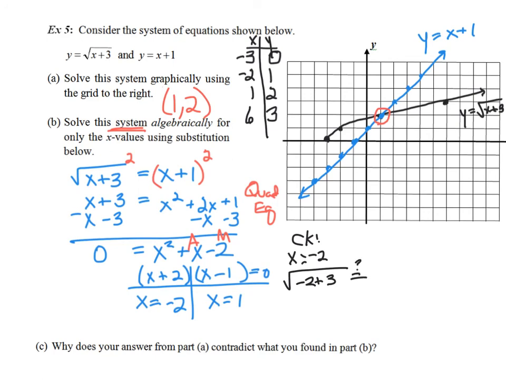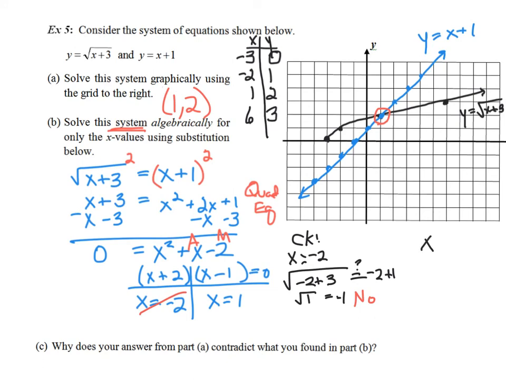Does that equal negative 2 plus 1? That's going to be the square root of 1 equals negative 1, and that is not true. So I'm going to say no, so that's why we're going to reject this answer of negative 2. We could see that on the graph as well.